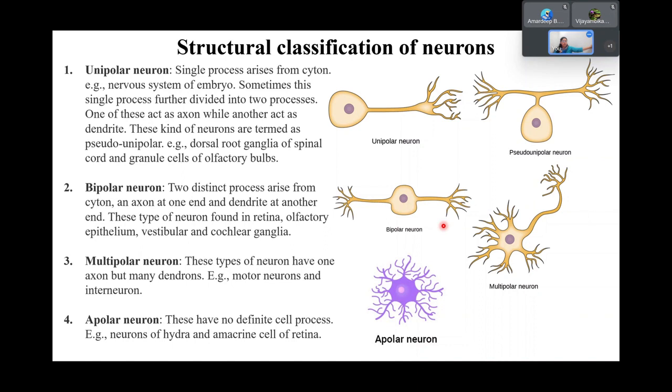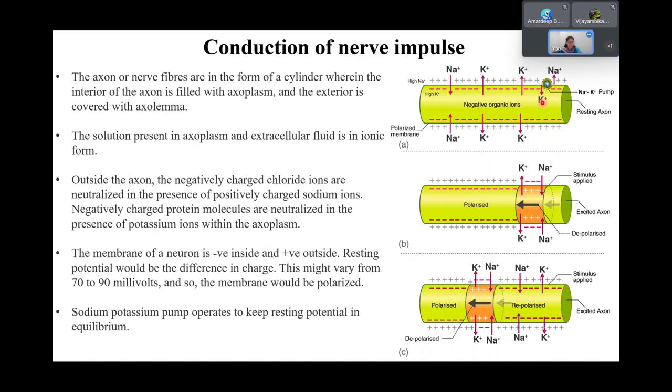The first thing is when you are in a resting state or a normal state, the axon or the nerve fiber is generally in the form of a cylinder. The interior part is filled with axoplasm, and the lining is called the axolemma. So there are fluids both inside and outside of this membrane. Outside the axon, you have the negatively charged chloride ions, and the positively charged sodium ions are neutralizing those chloride ions.